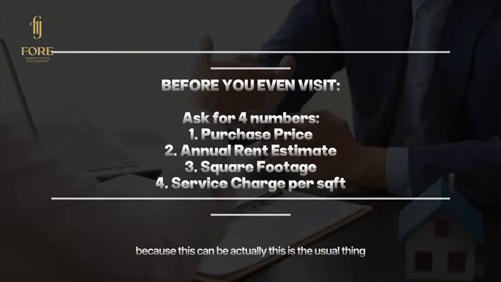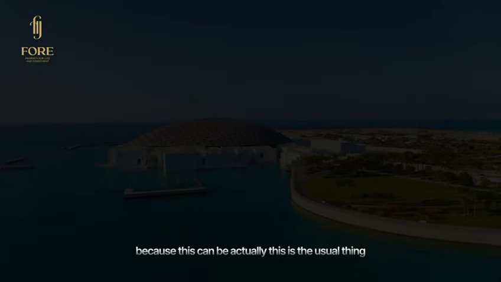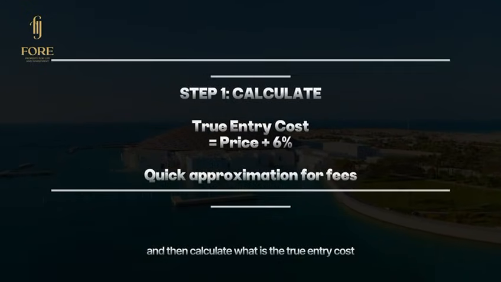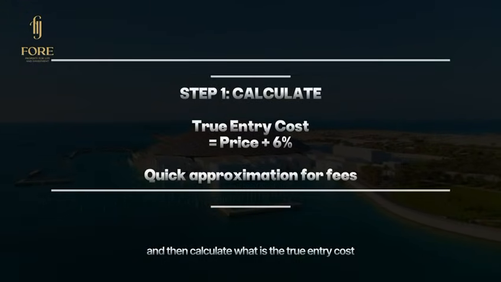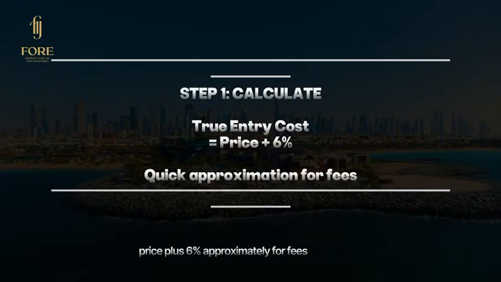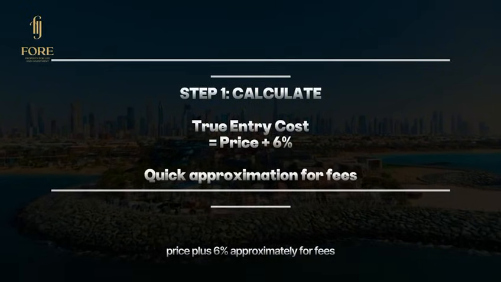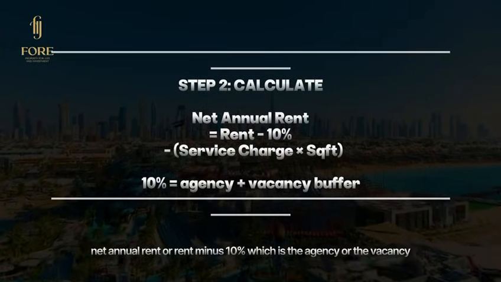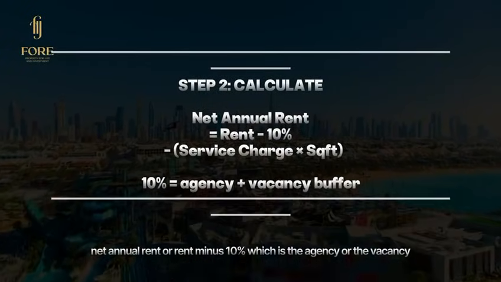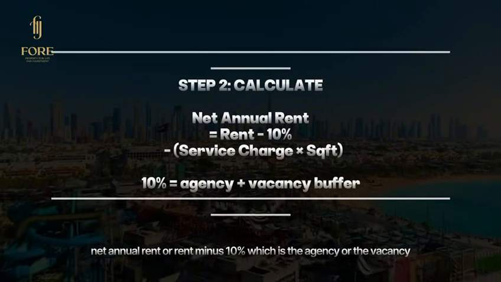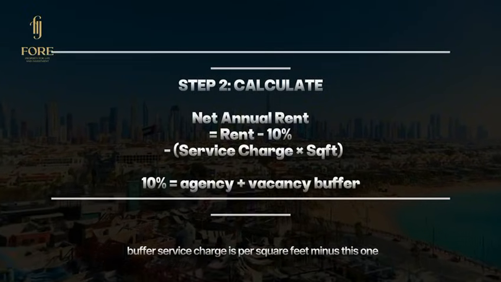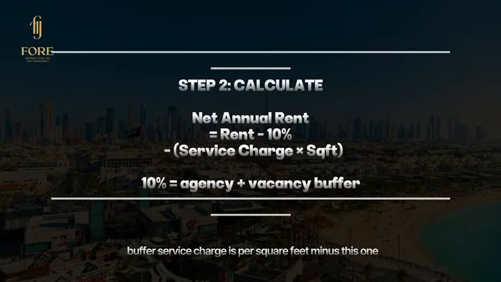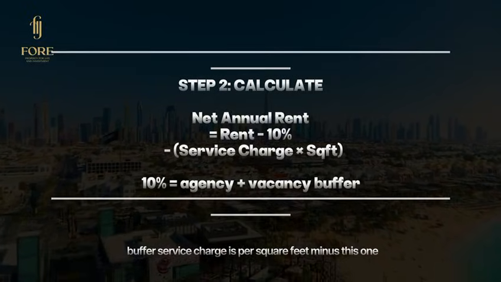This is the usual thing. And then calculate. What is the true entry cost? Price plus approximately 6% for fees. Net annual rent: rent minus 10%, which is the agency or the vacancy buffer, minus the service charge per square foot.